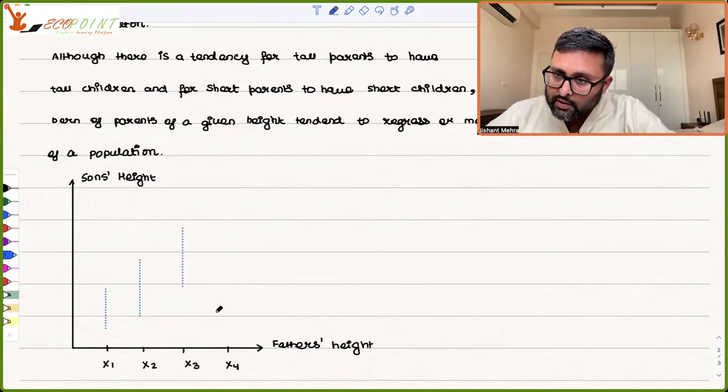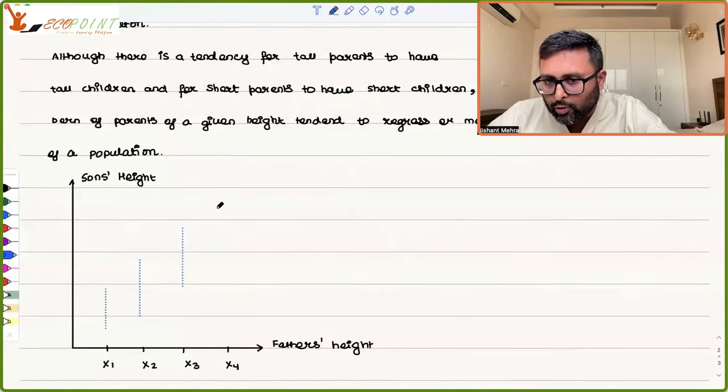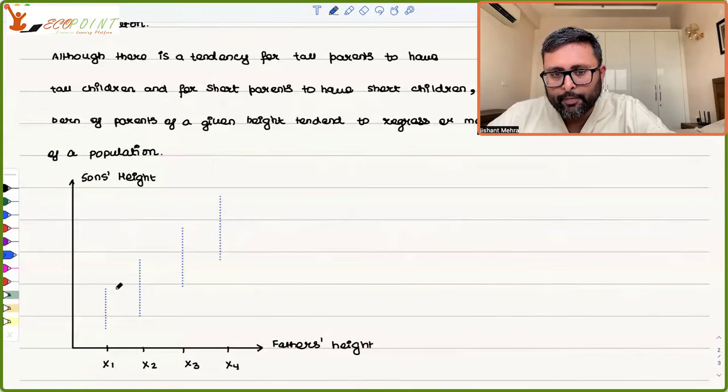For all those fathers whose height is 6 feet, we found that the height of sons could range between 5.10 to 6.1. For the next group, it will be 6.1, 6.4, something. It can go like this.